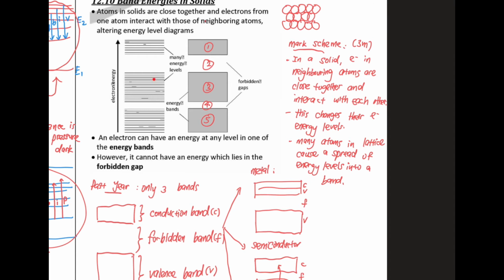Then maybe you don't heat it up too much, you heat it up a little bit, then the electron can come here. And forbidden gap is where electron cannot stay. So if not enough energy, then they have to release their energy and come down. So if they have enough energy to reach here, then they can stay here. Then they can conduct electricity then. So the idea is like that. And let's move on.